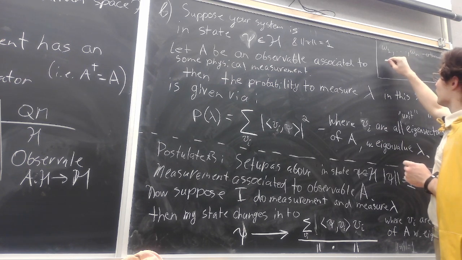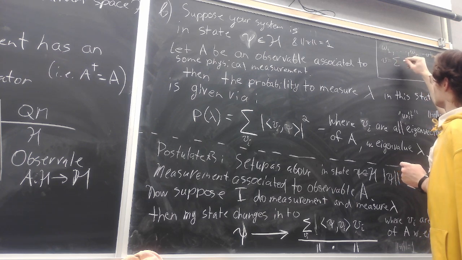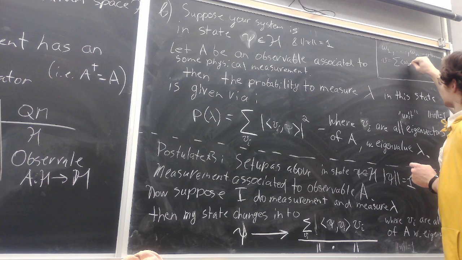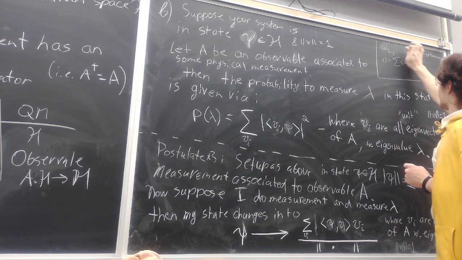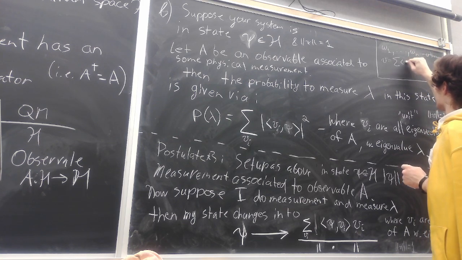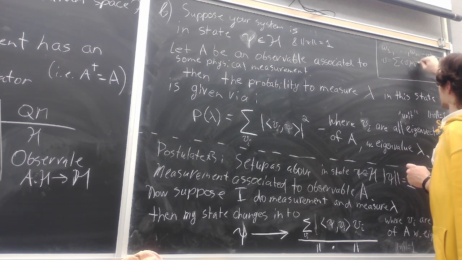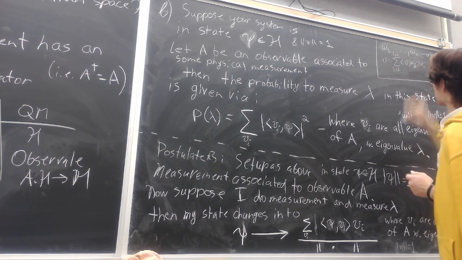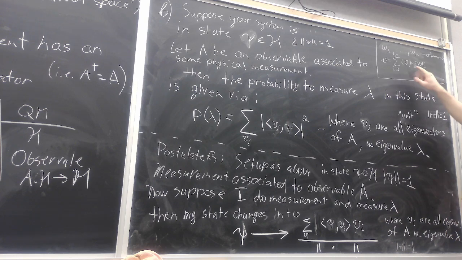If this was orthonormal, then any V is equal to the sum of V with Wi, times Wi. Do you agree? Remember that if I had an orthonormal basis, then the inner product would tell me the coefficient in front of the basis vector in the expansion. Yes? This is something we proved a while ago.